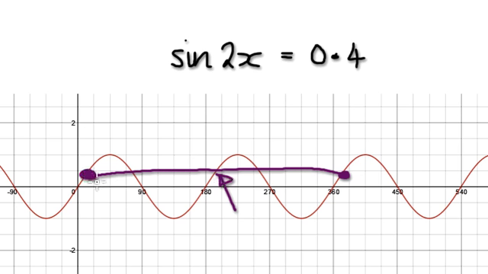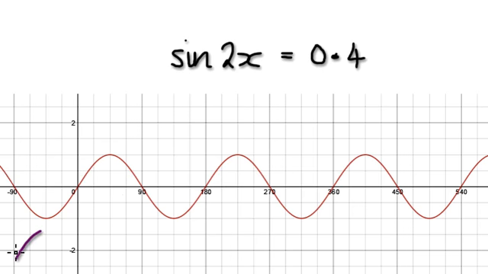If you jump another 360, you're going to miss out another point. So you've got to find a way of expressing all these solutions, even in the negative realm. Anyway, press pause and have a go.